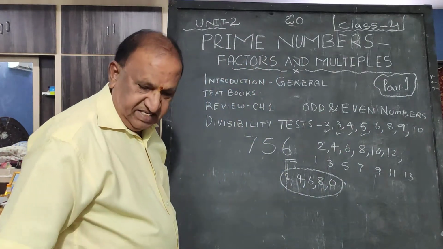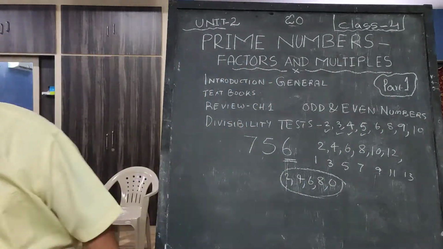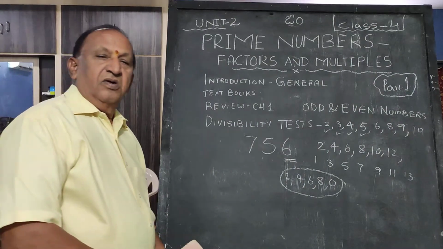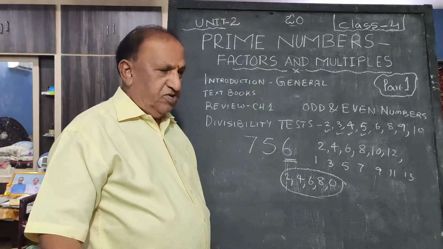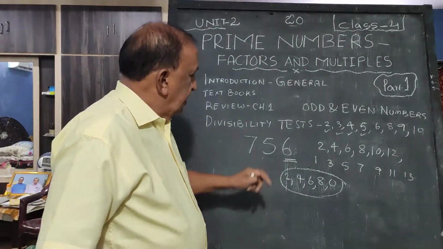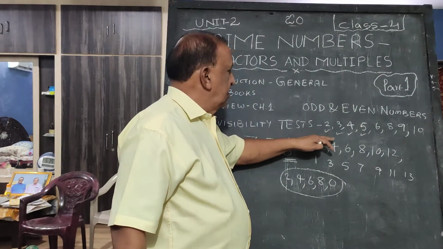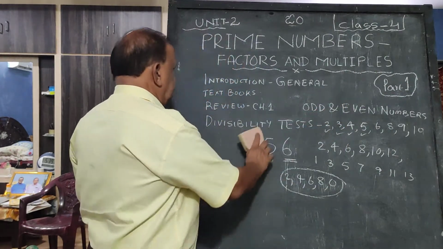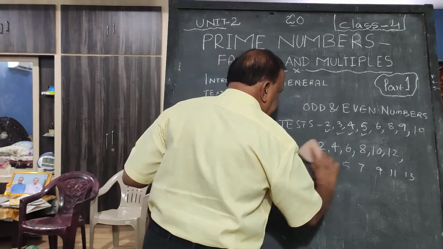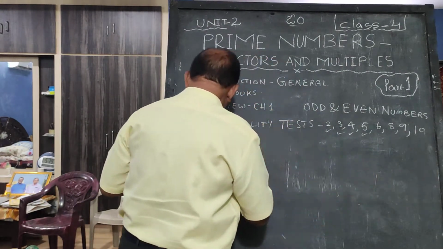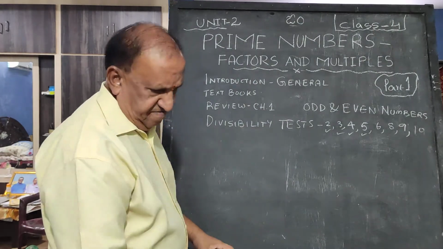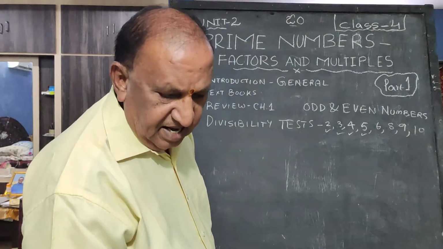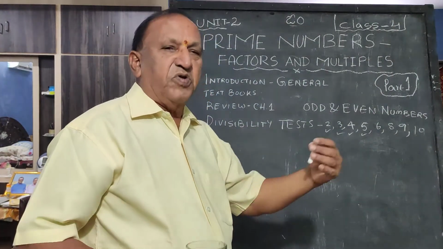We have some techniques or some rules to find out whether a given number is divisible by 2, divisible by 3, divisible by 4, like that. Okay? Let me show you what those tricks are, or what those procedures are.